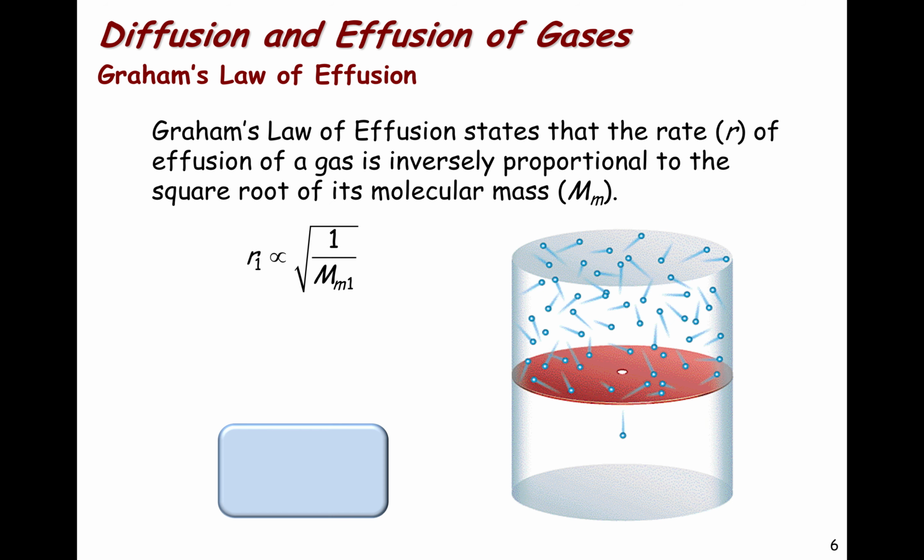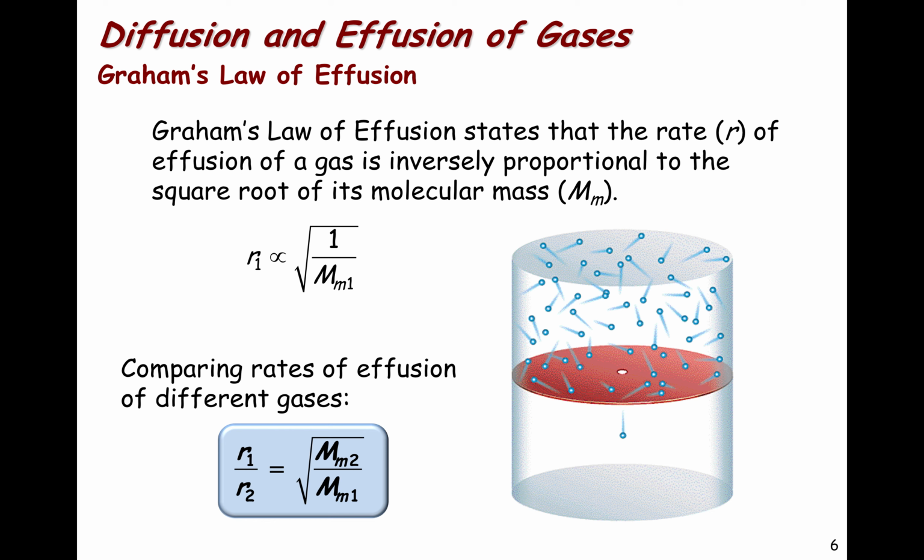Just like we had in the root mean square equation, the rate of effusion is inversely related to the molar mass of the compound, and it is related to the root of 1 over the molar mass.